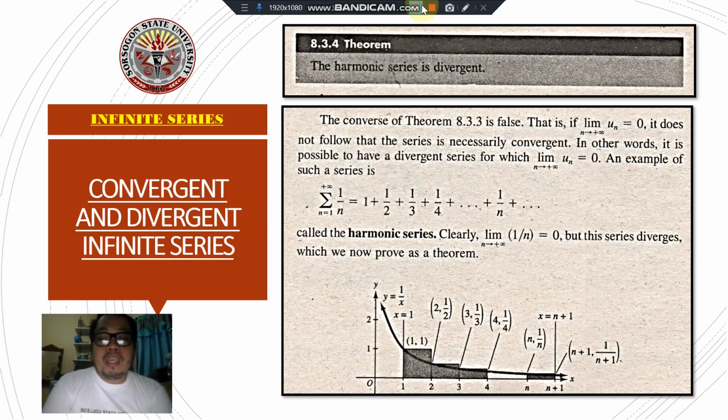So here its limit is equal to 0. But if we rely on or observe the graph on the slide, which is of the harmonic series, it diverges. That is the reason why the harmonic series is said to be divergent.